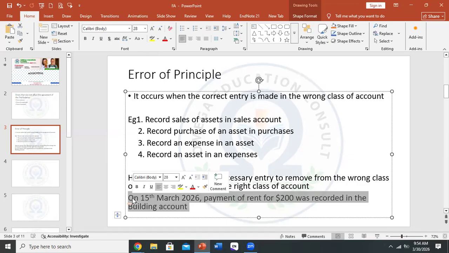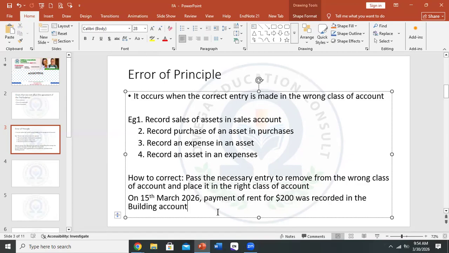Yes, sir, please, because it's payment of rent. You debit rent.